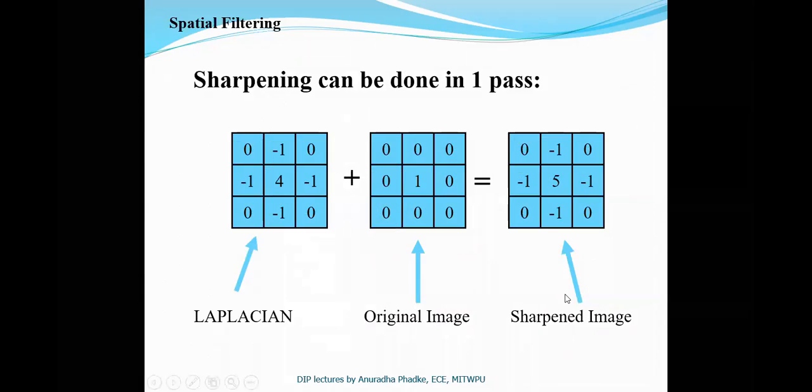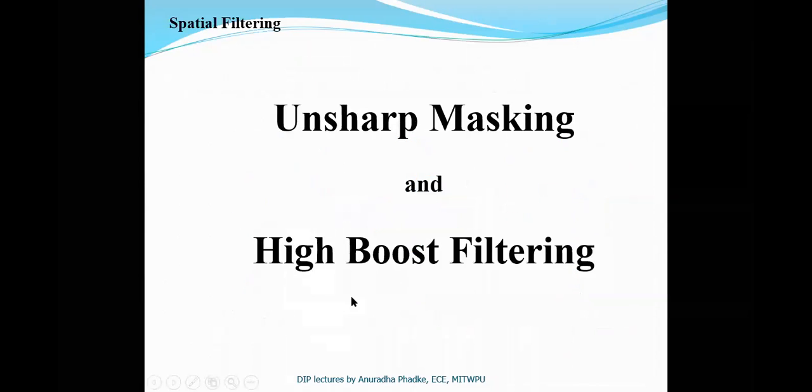Okay, so this mask is useful for image sharpening, whereas this mask is useful for detecting fine details. Okay, so hope these concepts of edge detection and image sharpening are clear to you.